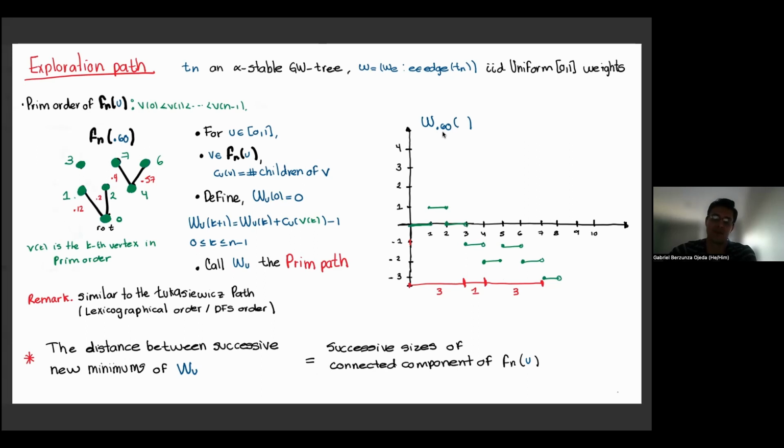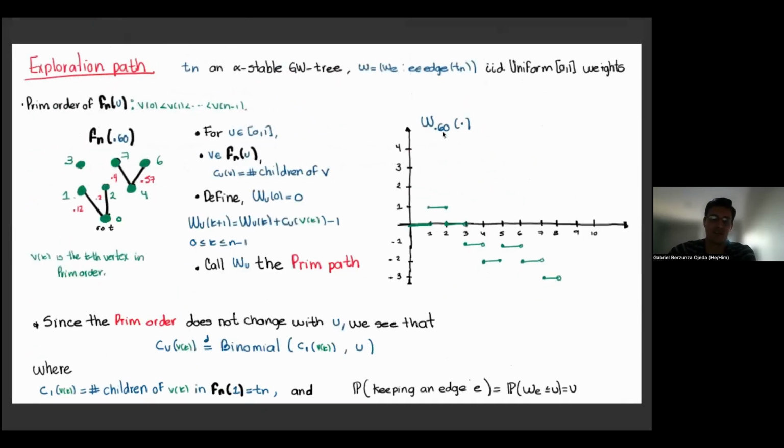To study the asymptotic behavior of this random walk, first you need to know the distribution of the steps. It's not difficult to see that it's just a thinning of the number of children in the original tree.